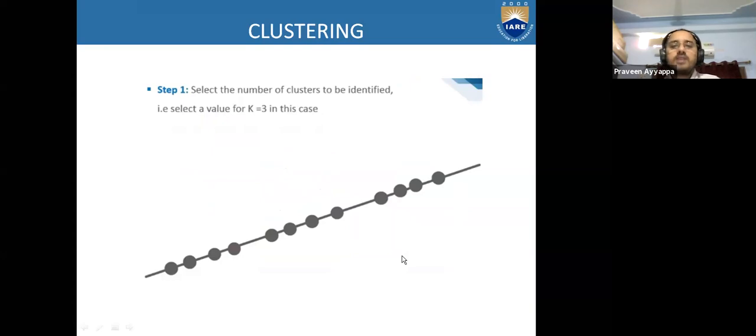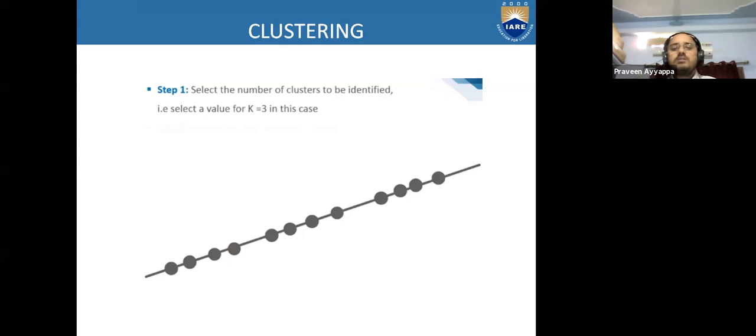So the step one of the k-means clustering. Step one, select the number of clusters to be identified. That is, select a value for k equal to 3 in this case. So I have taken an example where we have a set of data points which are arranged on a particular line, where we have some 12 different data points and data objects which are available here, and we divide them into 3 different clusters.